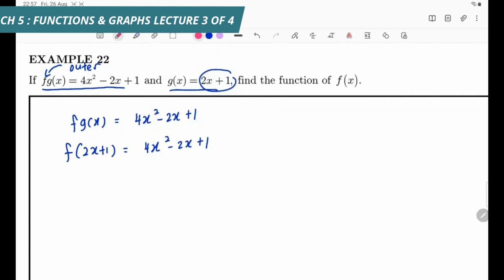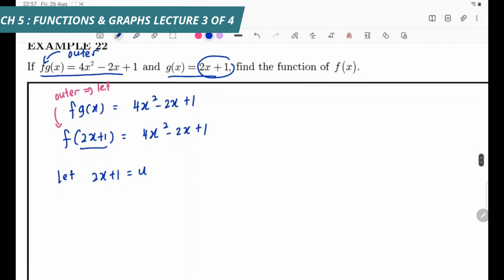Right. For this question, we don't know the outer function. When the outer function is unknown, we're going to use let in order to find the outer function. So I'm going to let 2x plus 1 equal to u, for example, and then rearrange until I get x as the subject.